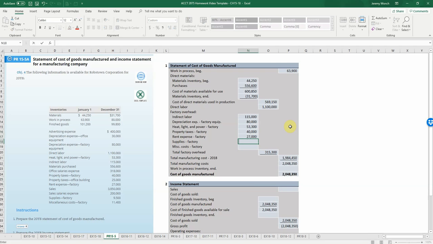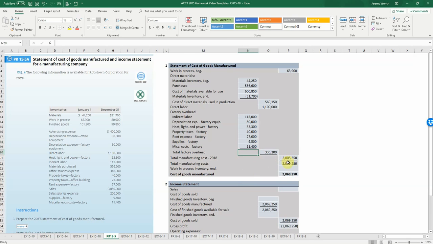We want supplies related to the factory, 9,500, and then miscellaneous factory, 400. So we have total factory overhead at 336,200.